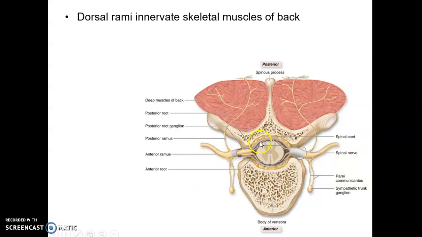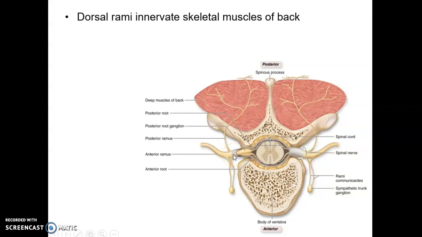So dorsal rootlets, right? Sensory neurons synapsing with interneurons in the dorsal gray horn, interneurons synapsing with motor neurons in anterior horns. So then there is your anterior root, rootlets, right, motor commands. So the two roots merge, there's your spinal nerve, there and there, okay?